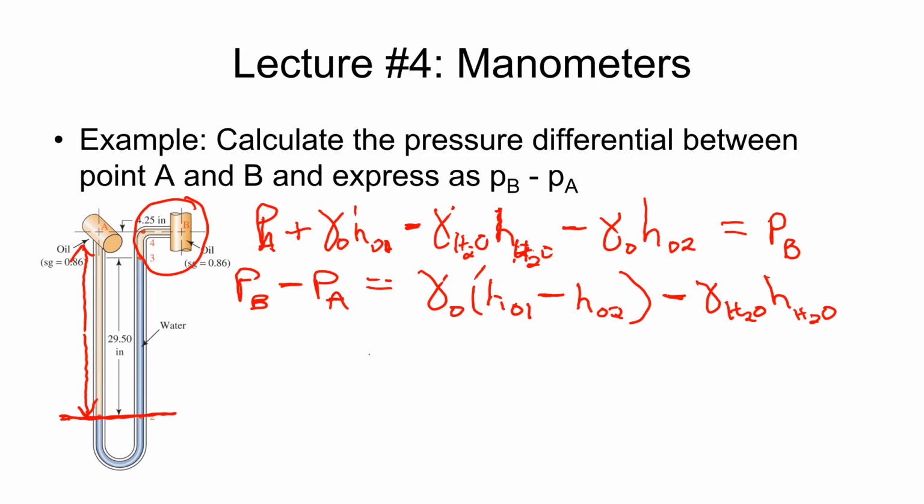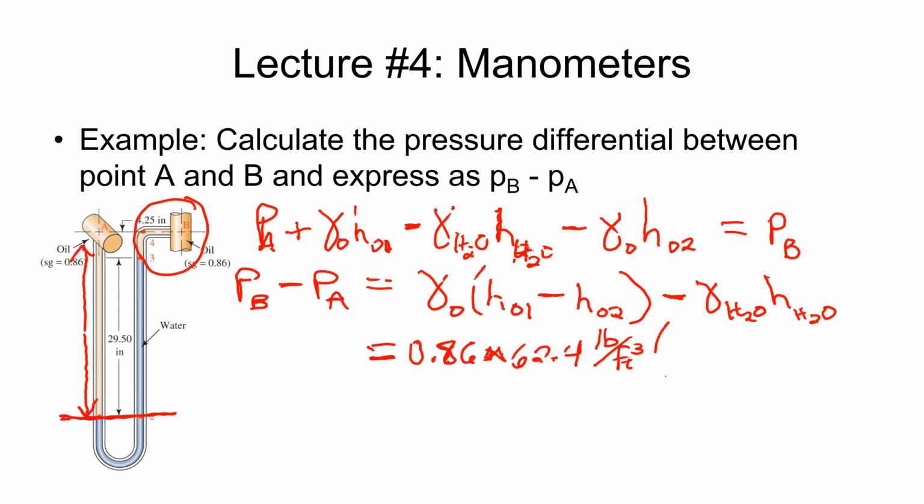So if I plug in the gamma of my oil, I'm going to have 0.86 times 62.4, and that's going to be pounds per cubic foot.